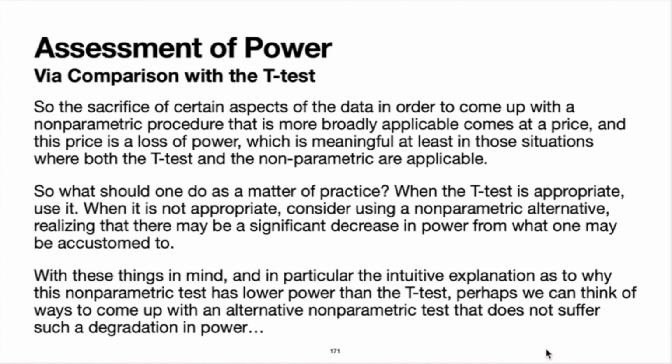So we'll be looking at some additional nonparametric tests, and those nonparametric tests will tend to have more power, sometimes a lot more power, than this particular nonparametric test about the population median. In fact, some of these other procedures may have power that rival that of the t-test. And so that's something to think about. How might you come up with a test to do that? We will be looking at that in the very near future.